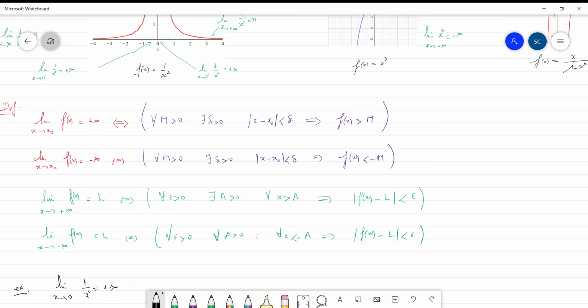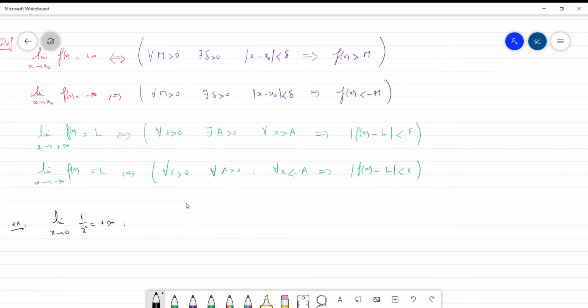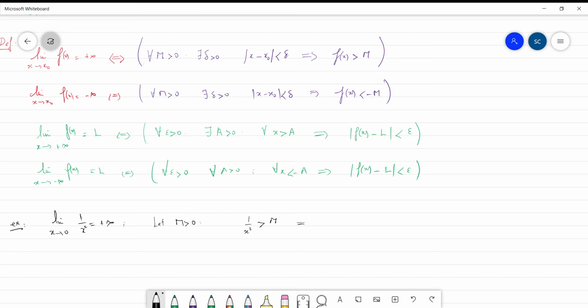For this one, we need to choose an M, let M be positive, so there is no restriction. We are looking for a delta so that we have f(x) greater than M. I want f(x), which is 1 over x squared, greater than M.